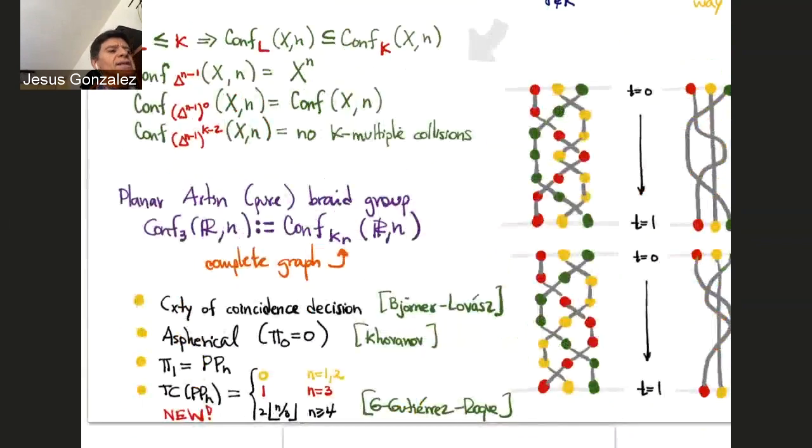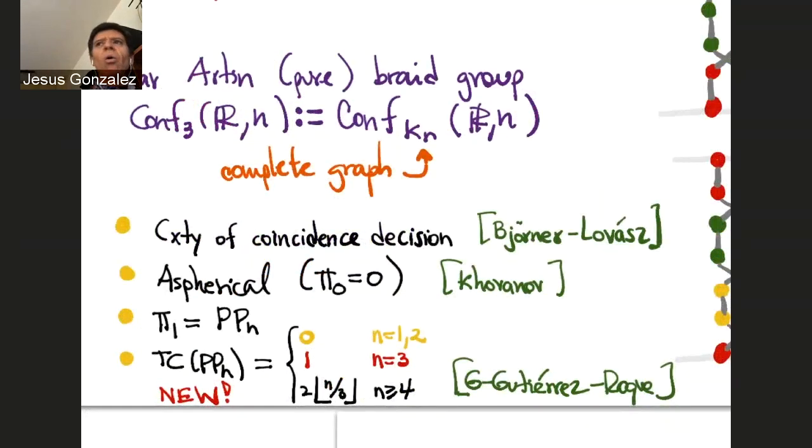Now, these kind of spaces are also old. They have been considered in work by Björner and Lovász. They studied the complexity of algorithms for the problem of deciding whether n real numbers are equal, whether n numbers have k equal repetitions.